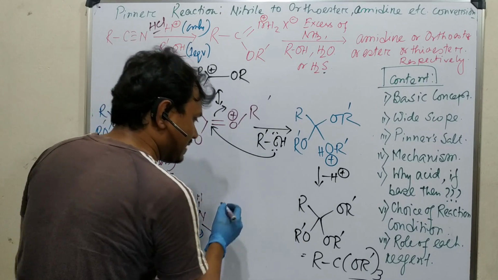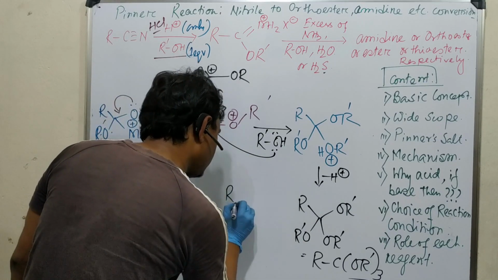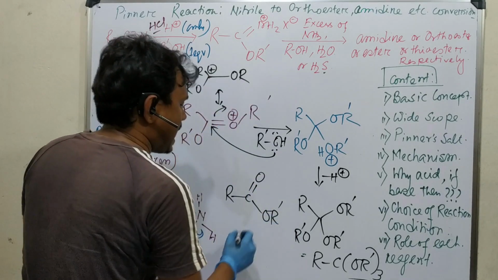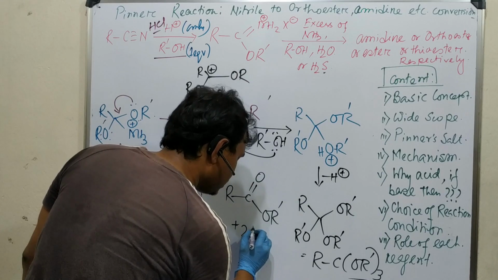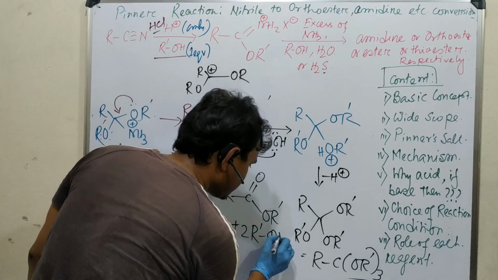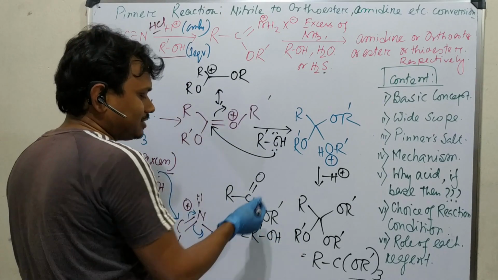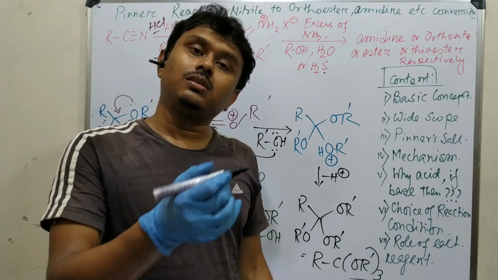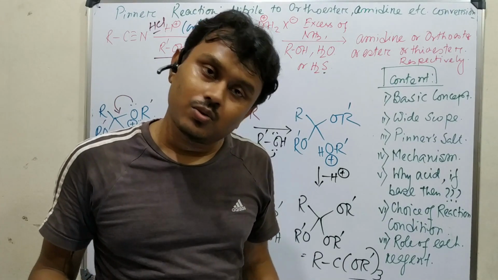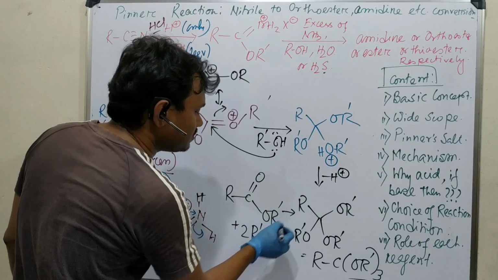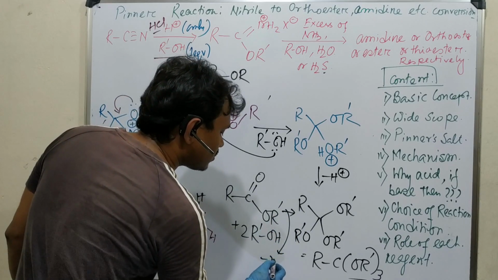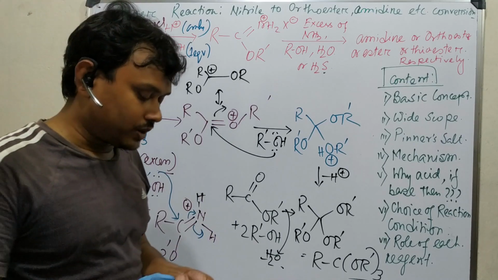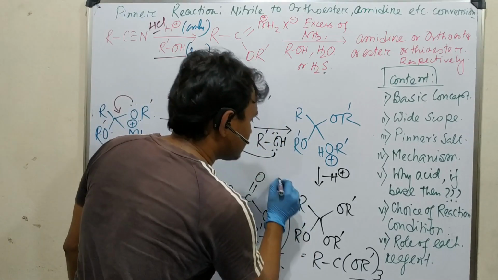If we have an ester, that is CO, OR prime, and we react it with two molecules of R prime OH, one molecule of water is eliminated. Similarly, like acetone plus two molecules of ethanol forms acetal, and one molecule of water goes out. Similar thing, minus water. So you can consider this as the ortho-ester.